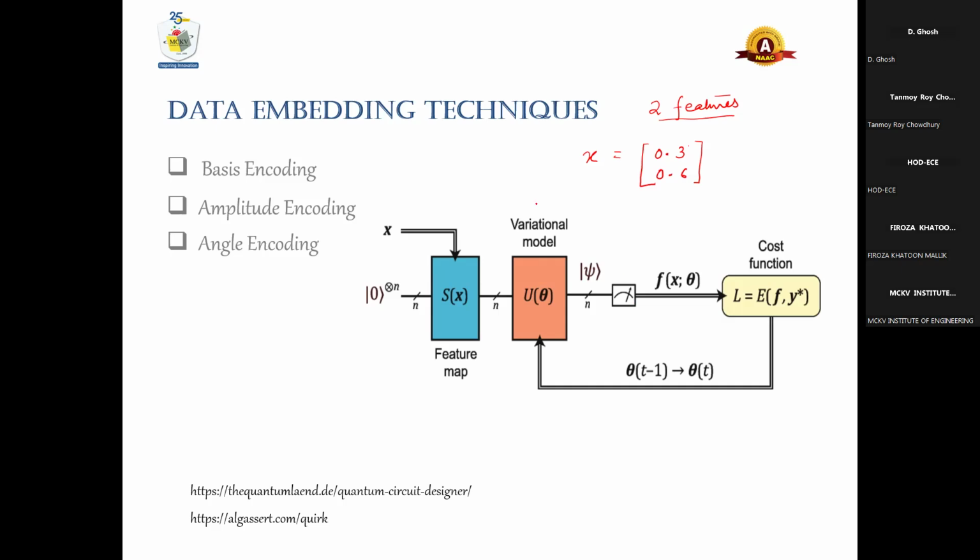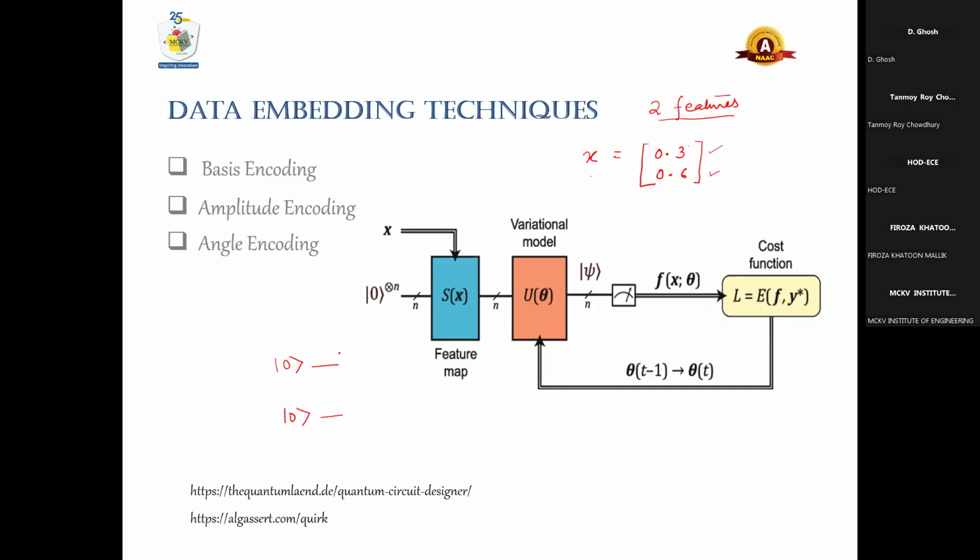Now, how do you encode this classical data into your quantum system? You need to decide how many features you have first. You have two features, so you take two qubits, both initialized to 0. Again, you have the option.